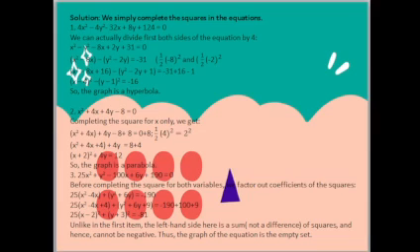But 25x squared minus 100x can be factored. Their greatest common monomial factor is 25. So we need to put 25 outside of the parentheses. So we have 25 and then x squared, because 25 times x squared is 25x squared.